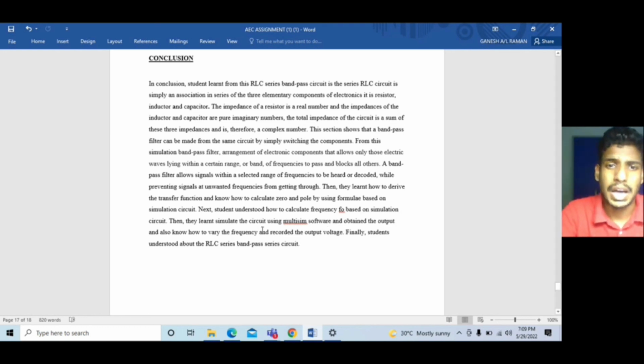Then we learned to use the Multisim software to build the circuit and run the simulation to obtain the output of the graph, and we varied the frequency to get the output. We recorded the output voltage in our result file. So finally we understood about the RLC series band pass circuit.